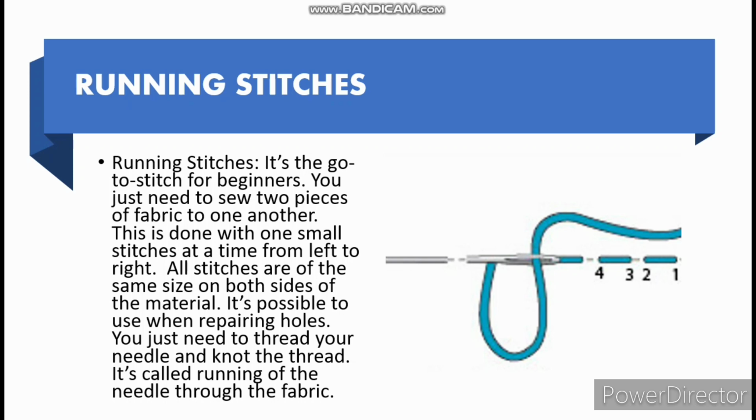All you need is to thread your needle, and that is why it is called running: you run the needle through the fabric. All you need to do once you start is keep repeating the same pattern to the end.